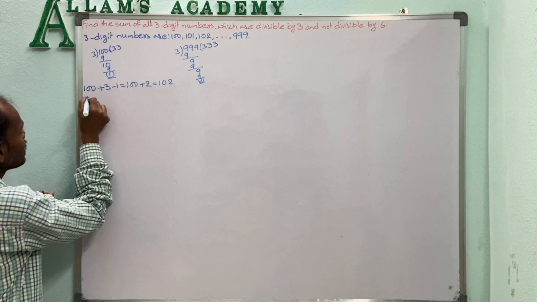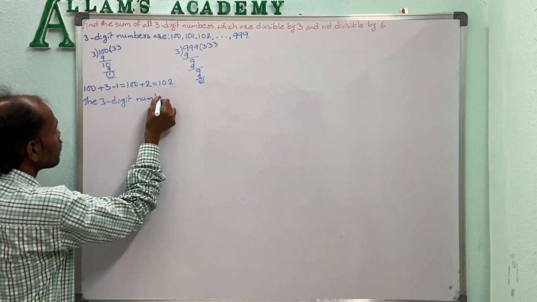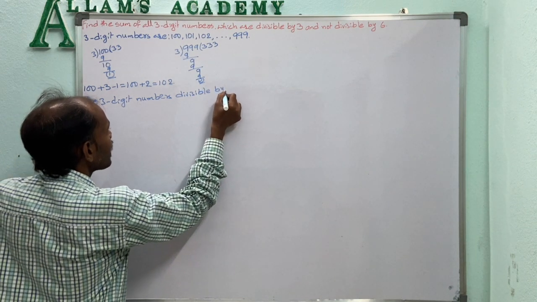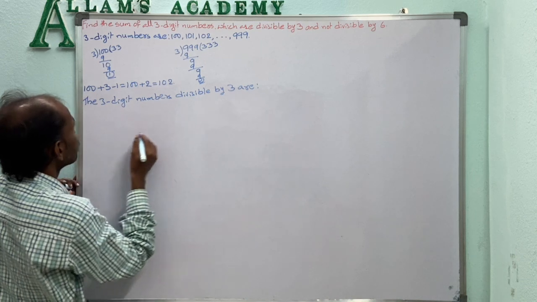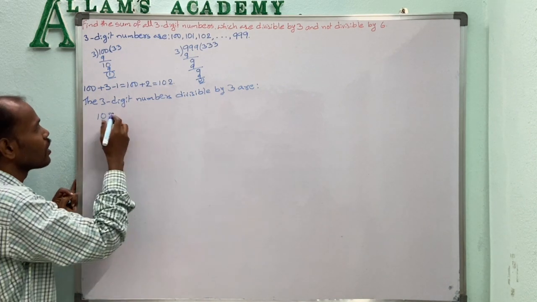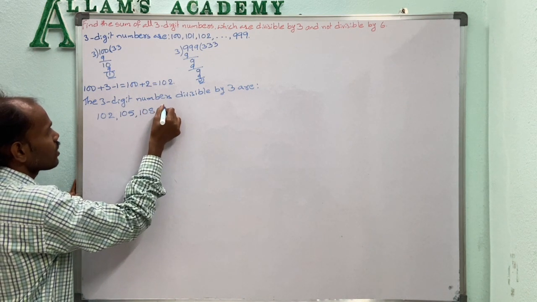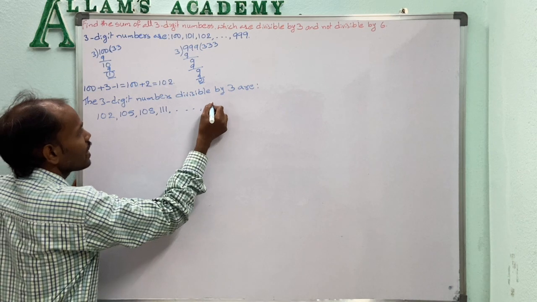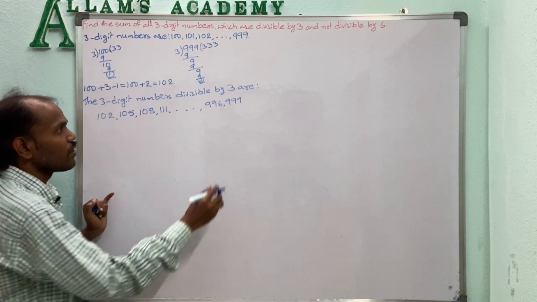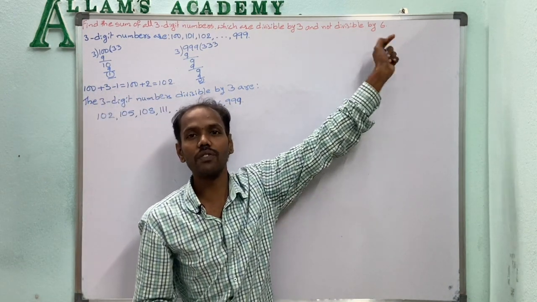So the 3-digit numbers divisible by 3 are: first one 102, the next divisible by 3 is nothing but adding 3, so 105, next 108, next 111, and so on up to 996 and 999.